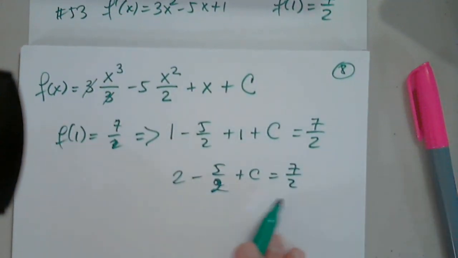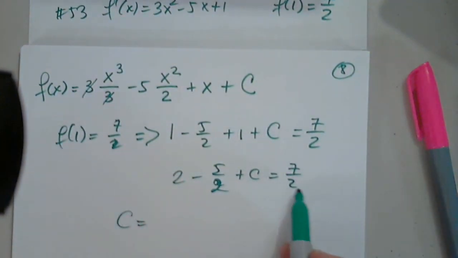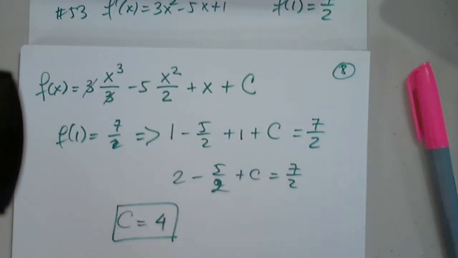I don't want to add because when I move everything to the other side, the fraction will go away. 7 over 2 plus 5 over 2 is 12 over 2, which is 6, and minus 2 is 4.